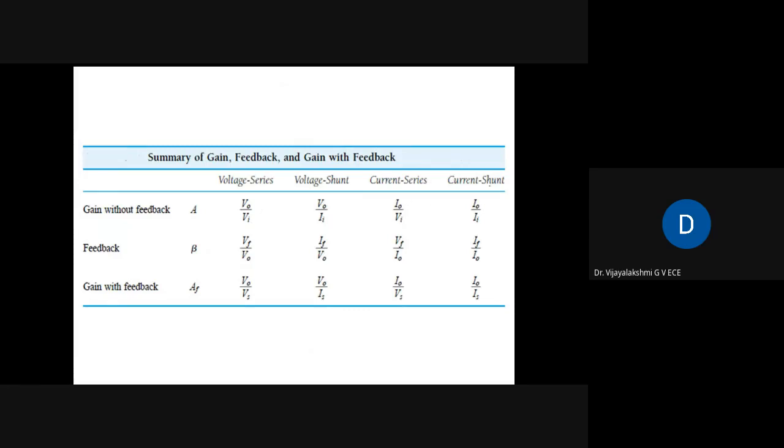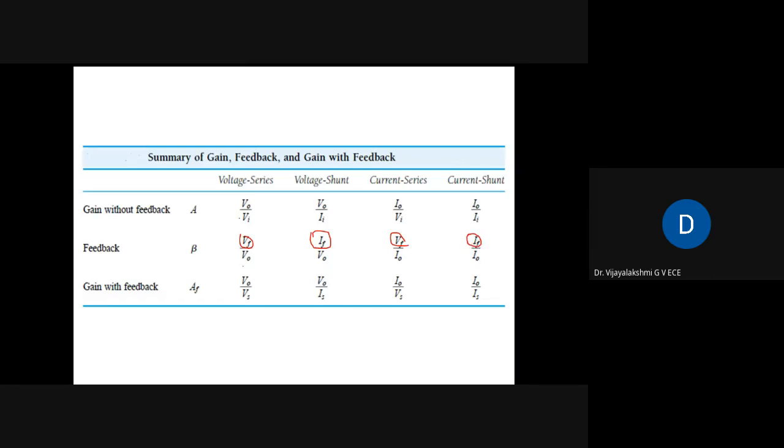Current shunt, output current by input current. And these are all the feedback. Okay. So because it is voltage series, we are feeding Vf, which is beta times V naught. Here I am feeding If, which is beta times V naught. And here in current series I am feeding Vf, which is beta times I naught. And here I am feeding If, which is beta times I naught.